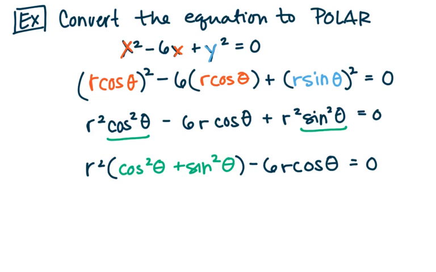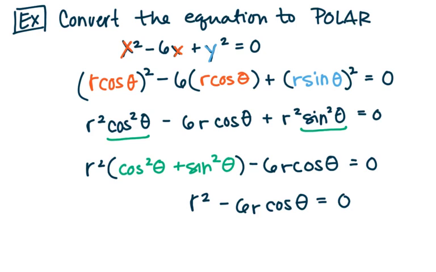So hopefully at this point, you guys are all going, I know what that is, Miss Stein. Cosine squared plus sine squared is equal to 1. And 1 times r squared is just r squared. So I have r squared minus 6r cosine theta is equal to 0.